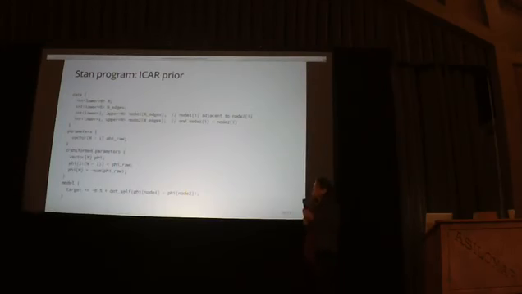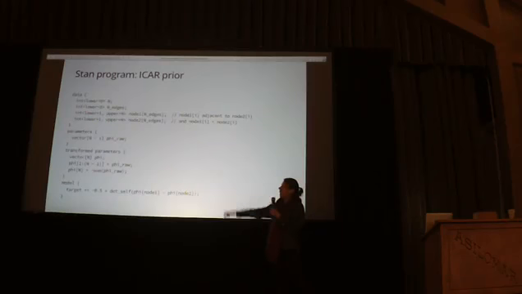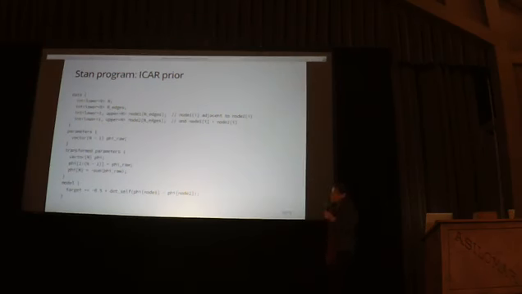So that's this. We start with our vector of size n minus 1 for the actual phi parameter. And then in the transformed parameters, we're going to declare the phi parameter that we're actually going to be using when we do our calculations. So we have phi raw as a parameter. We have the transformed parameter phi.